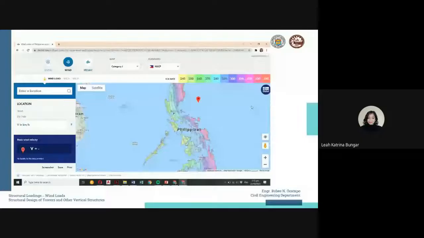But there's also a website, a digital map for determining the basic wind speed. Let's open it. Is the presentation still visible? The presentation disappeared, ma'am, at the last category.